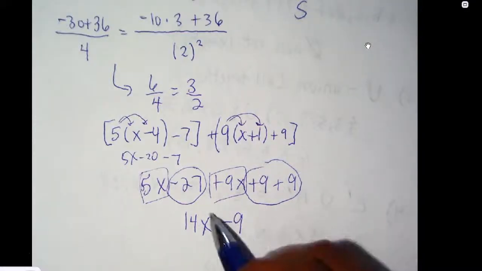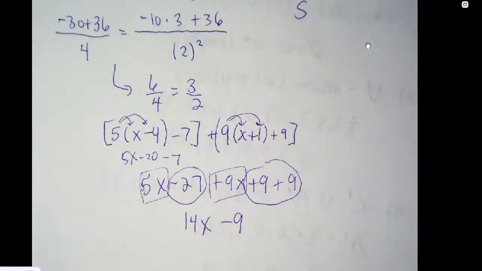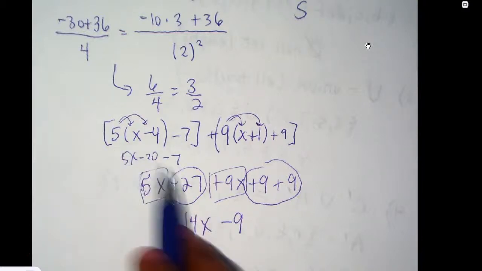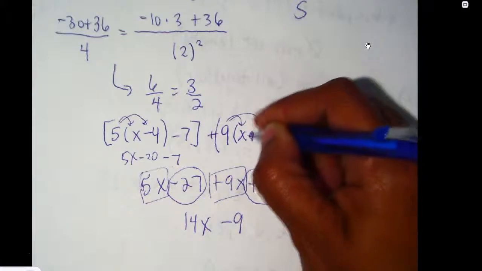Okay. Let's see what happened. The key says 14x minus 27. So let's see if I wrote this down right. This is negative 27. Oh, I see right here.